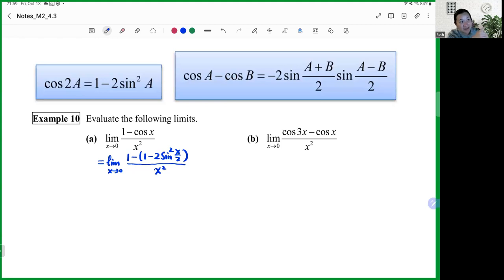Now, it's not entirely the same. In the formula, it's double angle to a single angle. Here, I change a single angle to a half angle. Okay, and then to simplify, I'll take out 2. I'll also write the square this way.